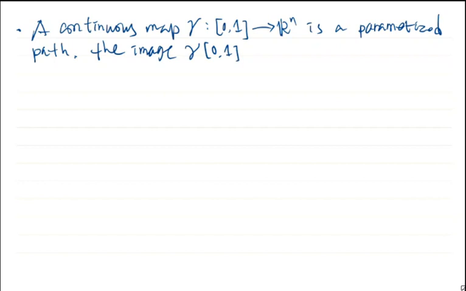Of course, if you like, you can denote it gamma([0, 1]), but we usually omit this to make the symbol simpler. Okay, so the image is called a path.